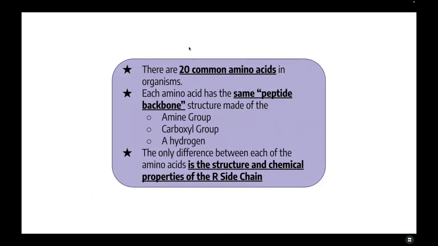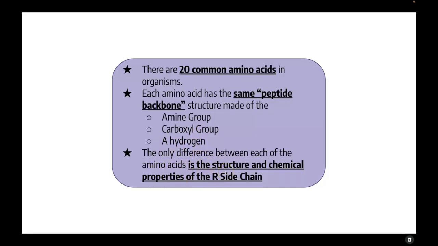All right. So before we move on, let's talk about amino acids. So there are 20 amino acids. Each amino acid has the same peptide backbone. So it has the same amine group, carboxyl group. It has a hydrogen. And the only difference is that the R side chain is going to be different.